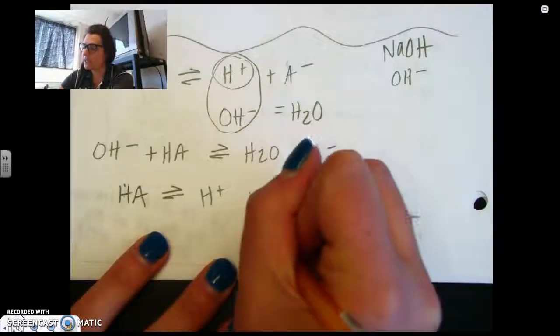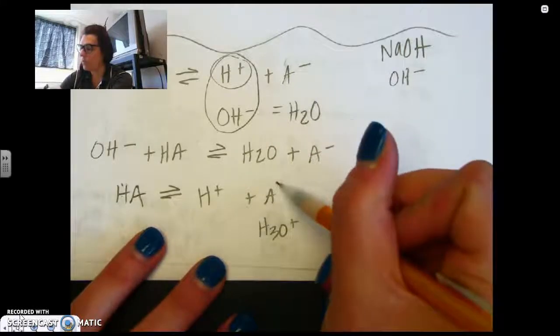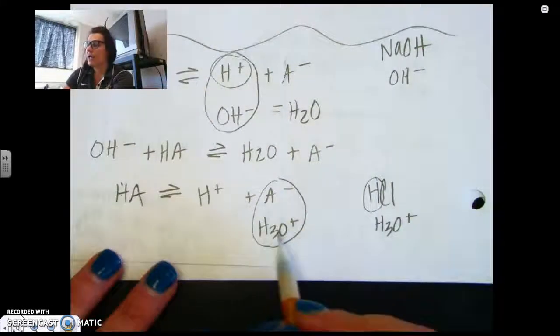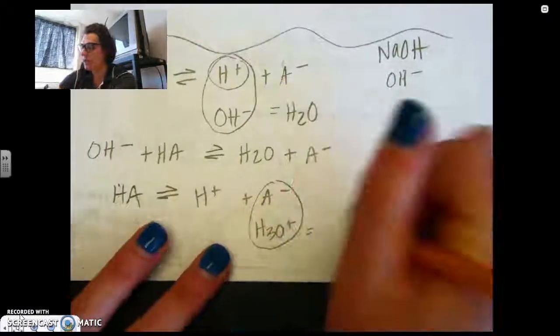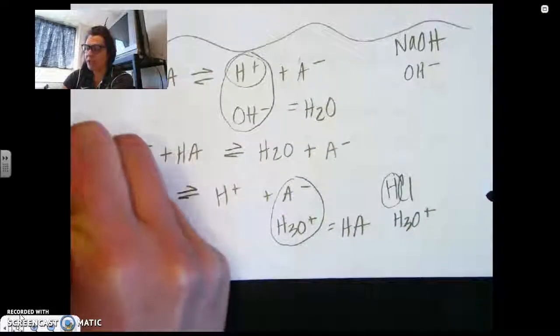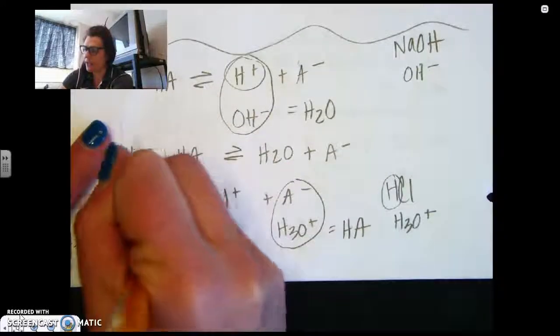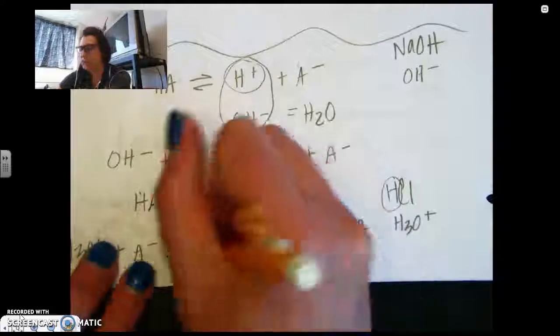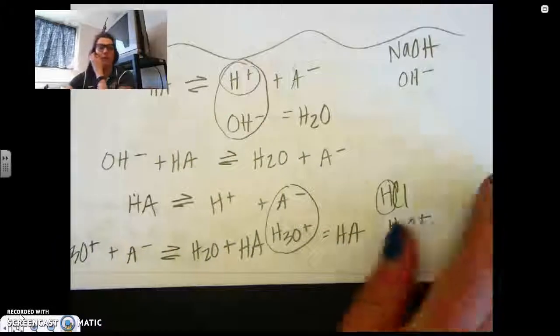So it'll come in, you'll add it, and this will react, and the proton will go back onto the conjugate base and make HA. So then you don't have the dissociated acid anymore, so it won't affect the pH. So again, you'll have that hydronium plus the A minus, and what you end up getting is water again plus the weak acid.